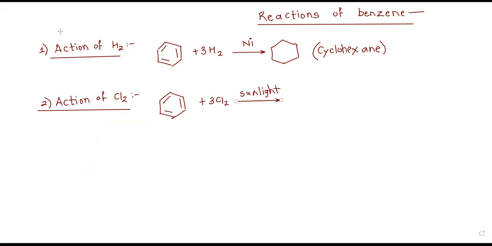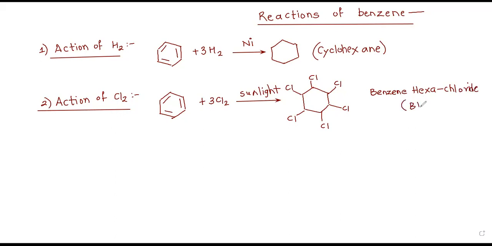Now do exactly in the same manner. All the double bonds will vanish, and at every place you will get 1 chlorine atom added. This compound is called benzene hexachloride, popularly known as BHC.